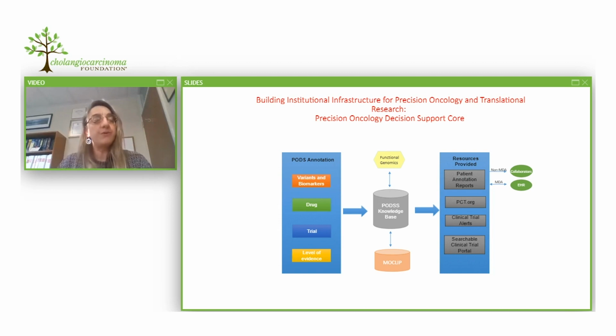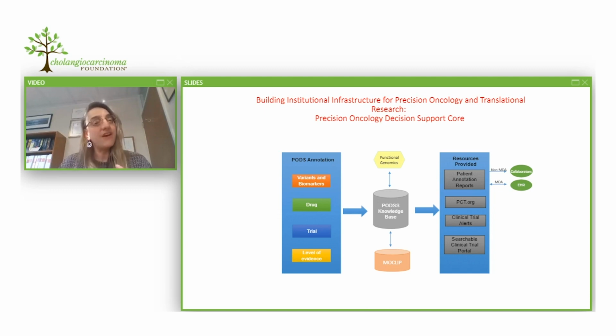We have a group of research scientists interested in oncology and a group of oncologists interested in genomics working together and trying to put together best associations for treatment options. And this has led to a precision oncology decision support knowledge base. It has allowed us to review what's known in the literature to be a genomic alteration, a genomic variant or a copy number change or a fusion that's actionable.